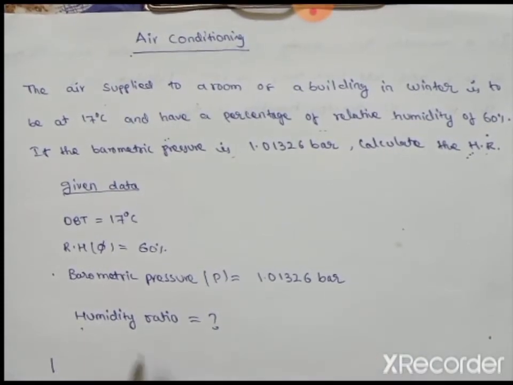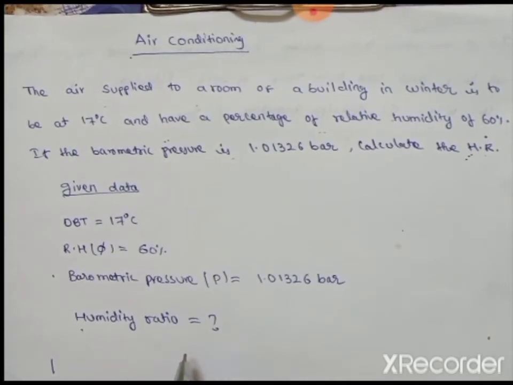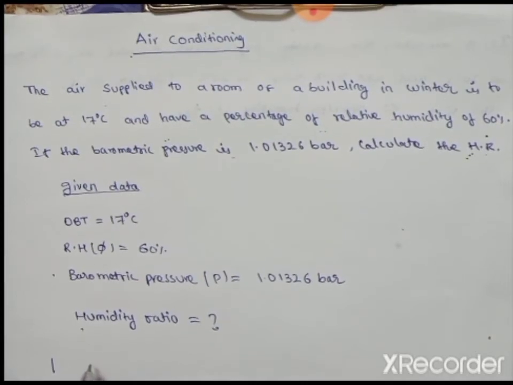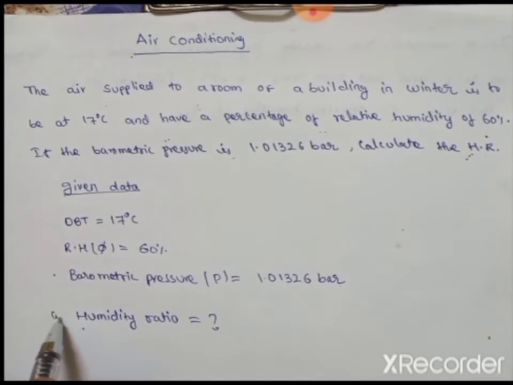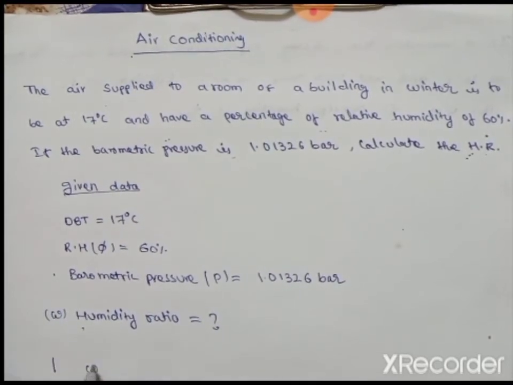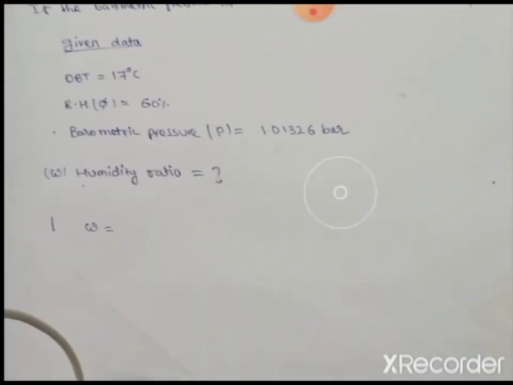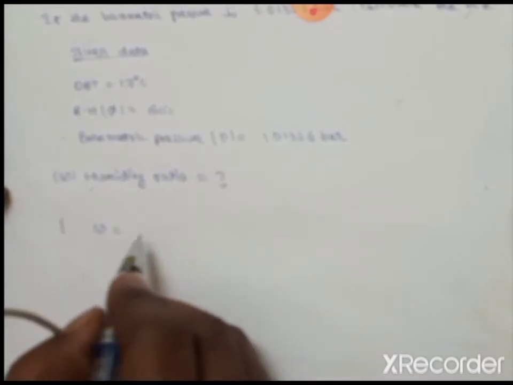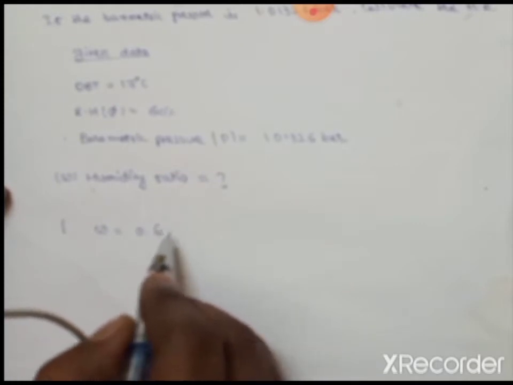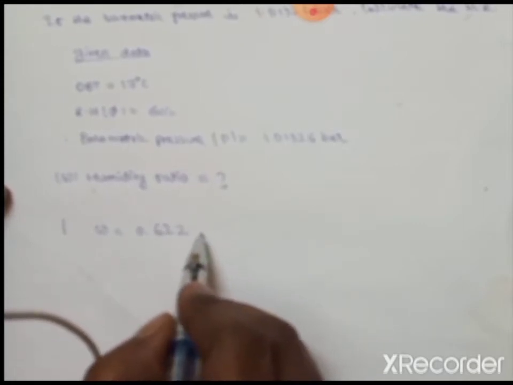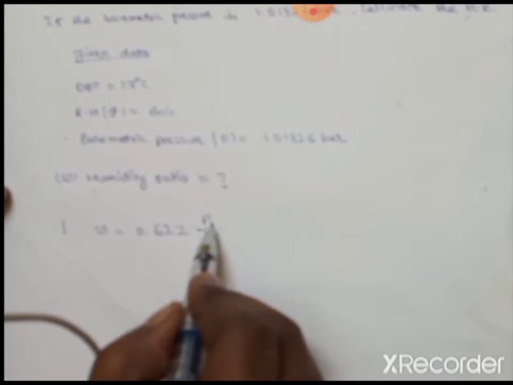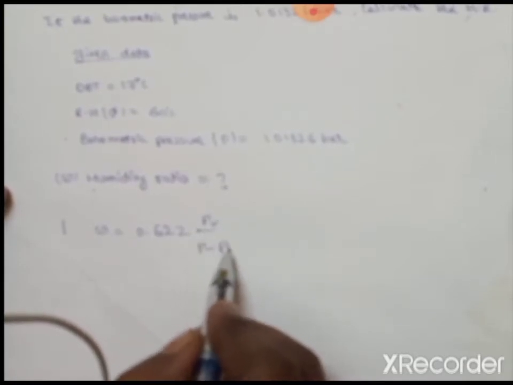The remaining unknown is the humidity ratio. To determine it, what is the humidity ratio? The formula for the humidity ratio, denoted by omega, is omega equal to 0.622 PV divided by P minus PV.